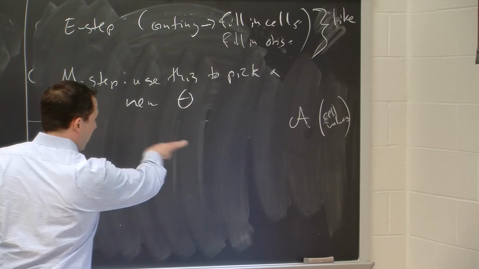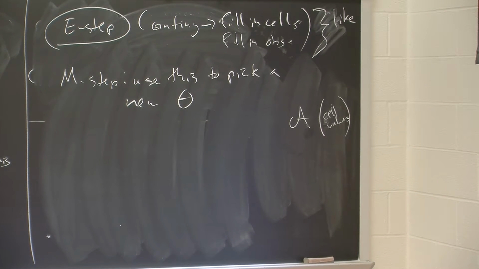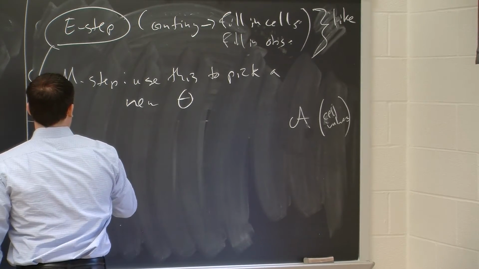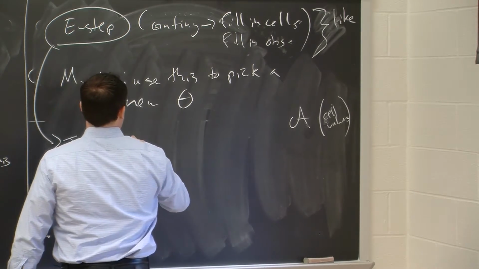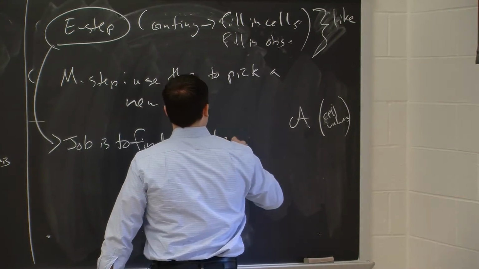So when you think about it that way, what's really the job of the E step? It's not to fill in the data or fill in the cells. It's to find the function that we're maximizing.